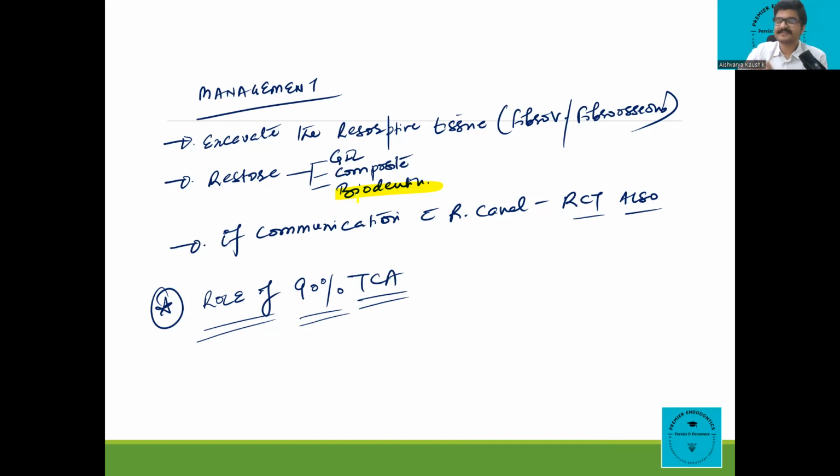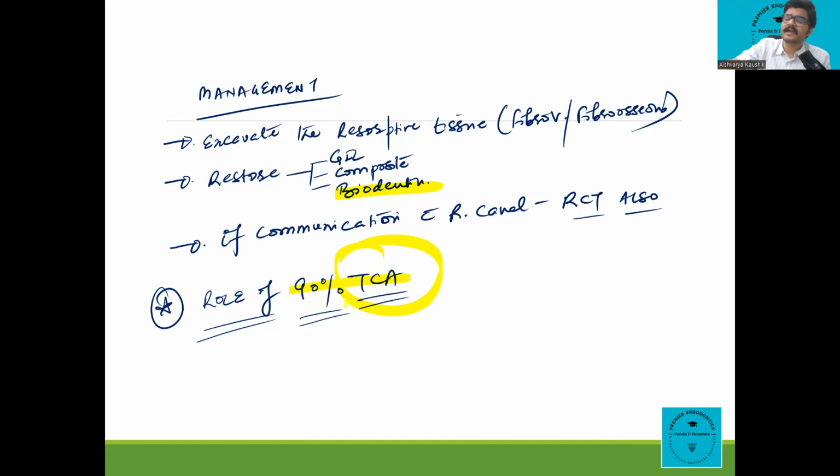Now, if this resorptive lesion is diagnosed at a later stage, where it has already communicated with the root canal, then you have to perform RCT also, because then you have to prevent apical periodontitis or treat it if it is present. Okay, then the next important question is, what is the role of 90% TCA? Now, TCA is trichloroacetic acid.